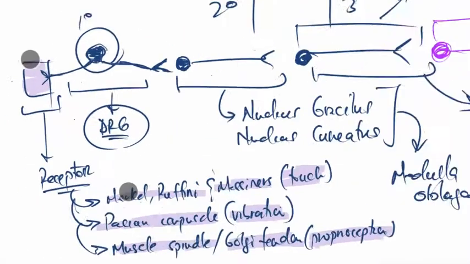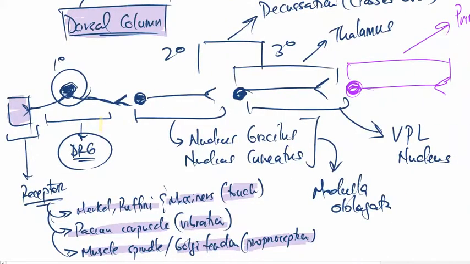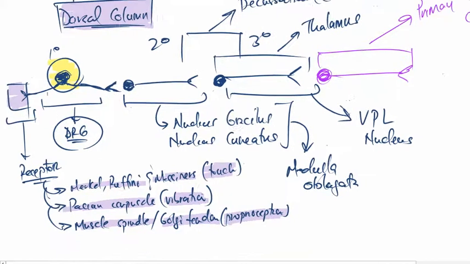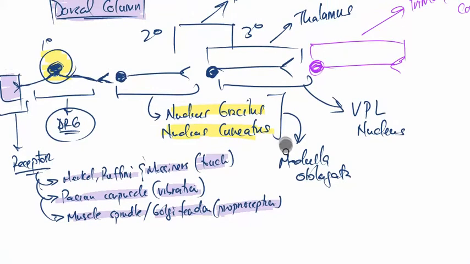All right, so we have the primary neuron, the primary cell body. The primary neuron is going to be located in your dorsal root ganglion. The secondary one is going to be located either in your nucleus gracilis or your nucleus cuneatus. It depends on where the sensory information is actually coming from.